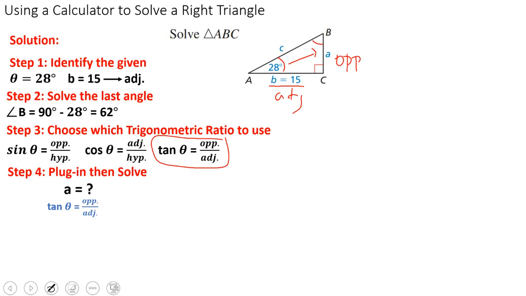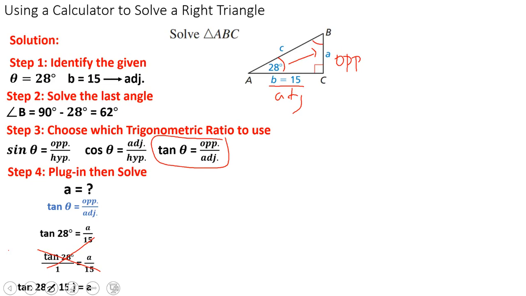We plug in the value of our theta, the value of your opposite, and the value of your adjacent. That will be tangent 28 degrees is equal to A all over 15. We put the imaginary denominator of tangent theta, which is 1, and then you do cross multiplication here, so that will be tangent 28 times 15 is equal to A.